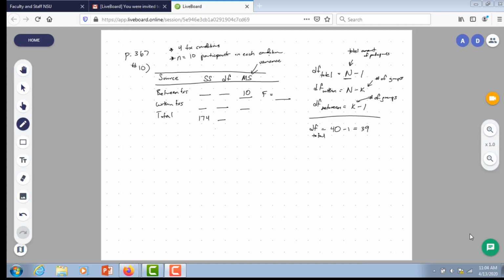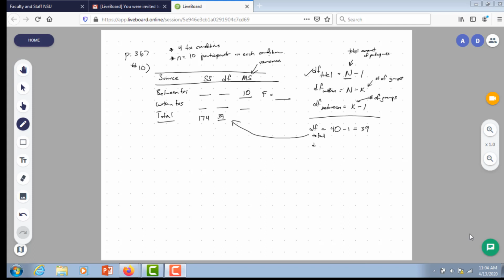Now, what I would encourage you to do is, as you work your way through each set of formulas, begin to plug them into your ANOVA summary table. So degree of freedom total is 39, so we'll plug that in there. So still heeding the advice of the authors of this textbook, we are going to calculate our degrees of freedom.